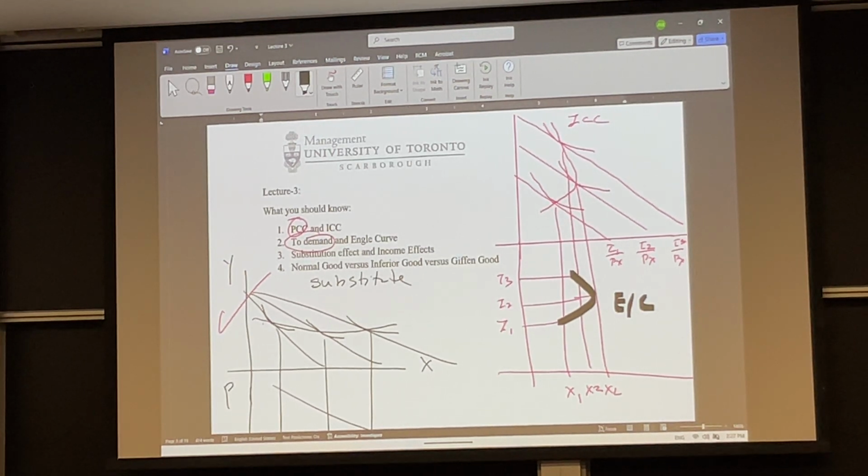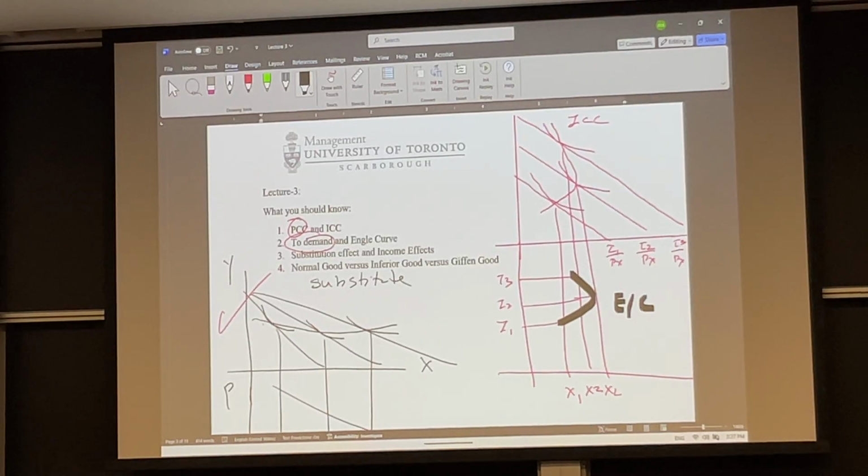The same with the income consumption curve. It gives you the same information. It will tell you whether the goods are normal or inferior. Upward rising means both are normal. Downward sloping means one is inferior. Can you have an ICC where both become inferior?